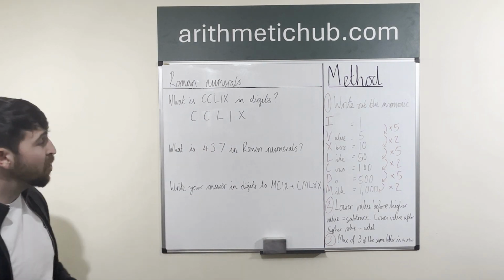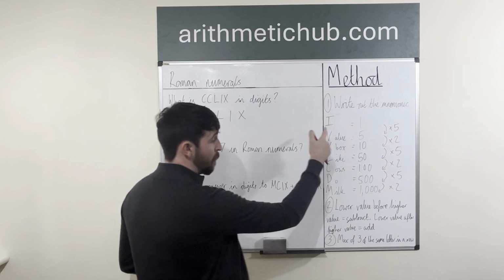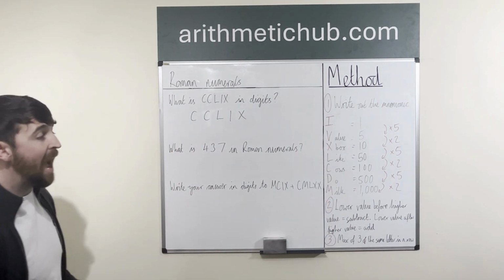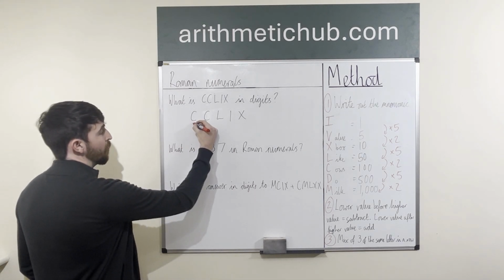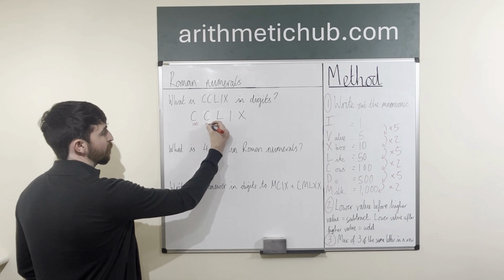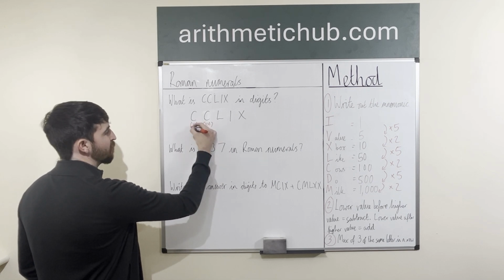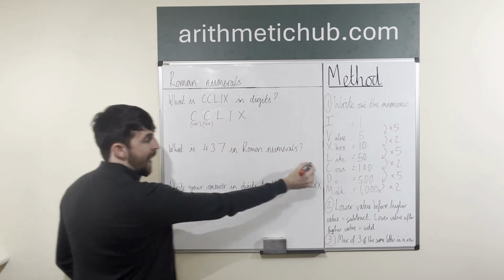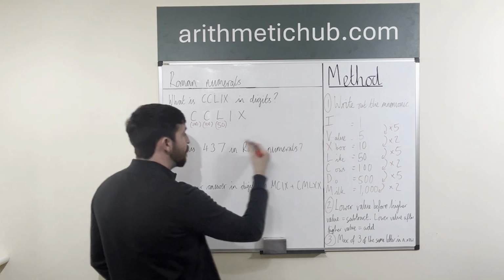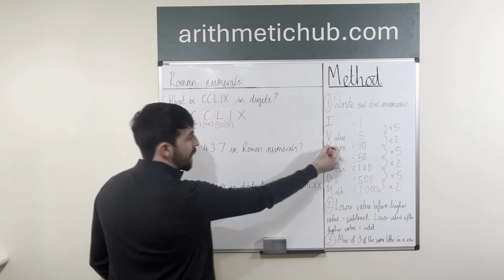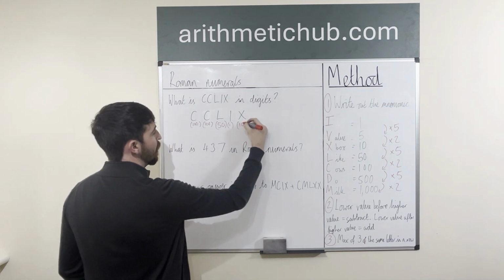I think this annotation is really helpful, and actually it probably should have come into the method as well, to say annotate underneath so you can write on each one. Well, I know that this is worth 100. This is worth 100. I'm going to put little brackets around each of them. This L is worth 50. My I is worth 1, and my X is worth 10.